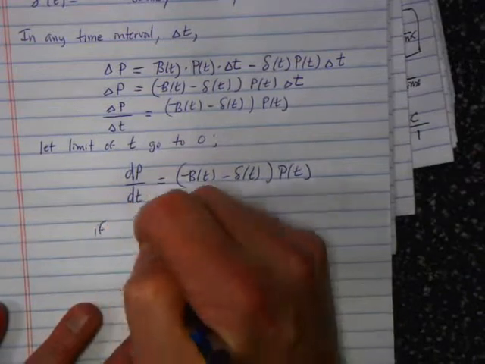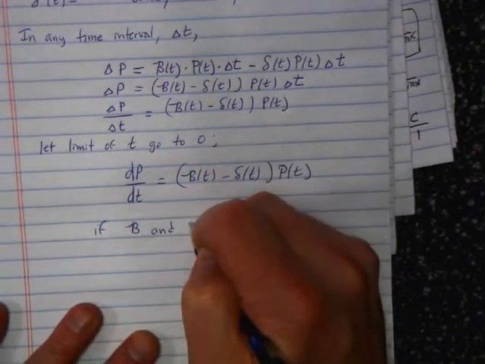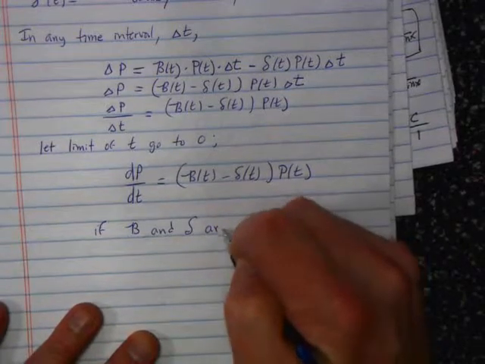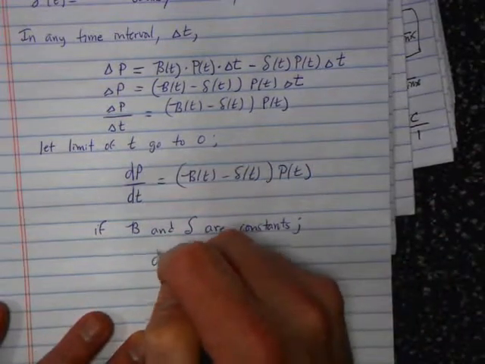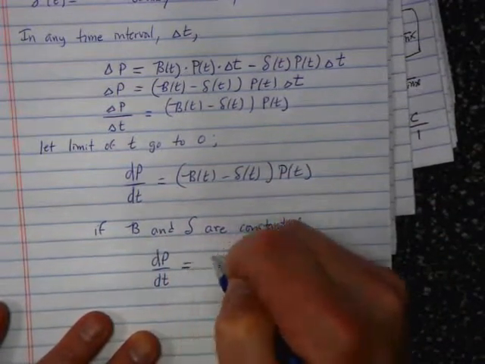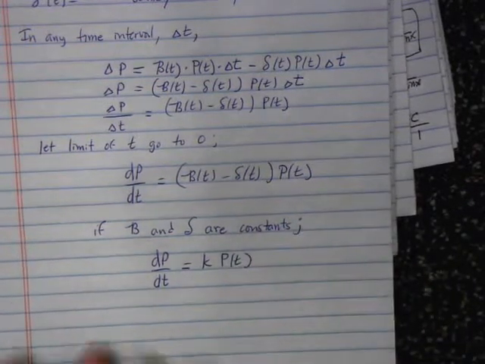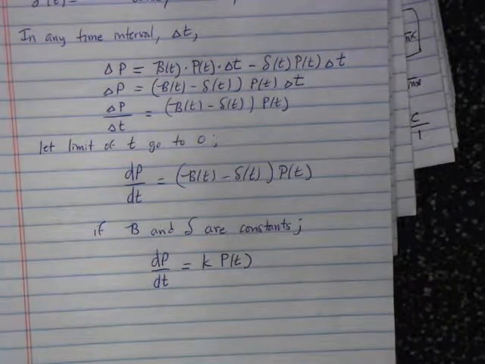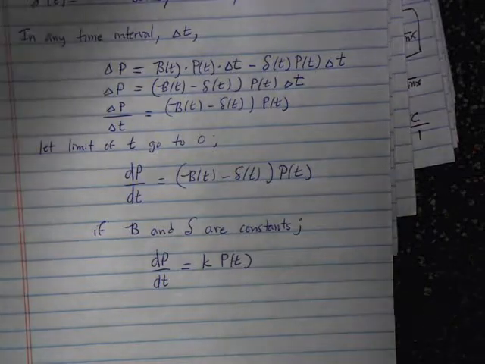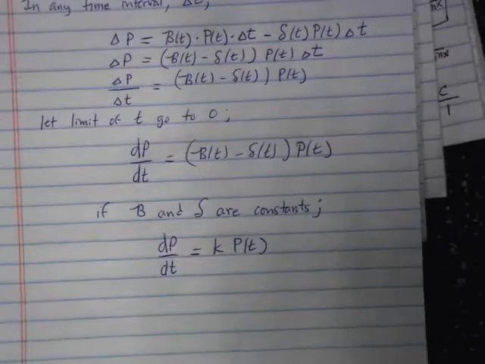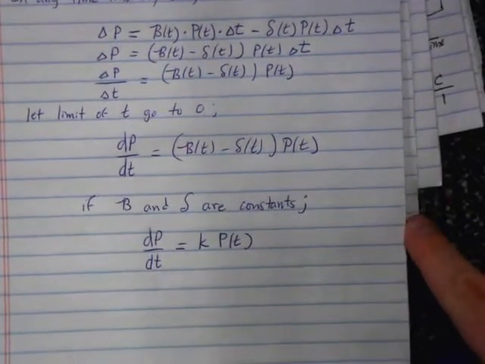If beta and delta are constants, then this equation becomes dp dt is some constant k times p of t.